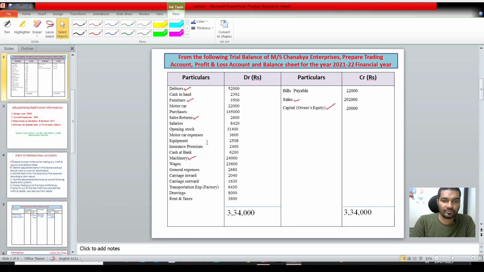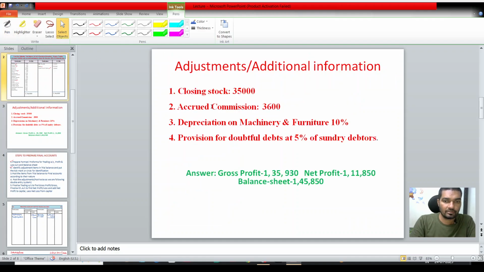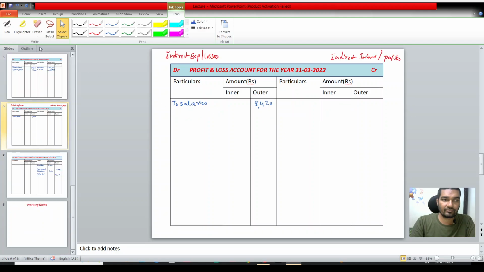Motor car expenses is considered as indirect expense, 3,600. All the indirect expenses, profit and loss account debit side. To motor car expenses, no adjustment for that, directly we can show in the outer column.